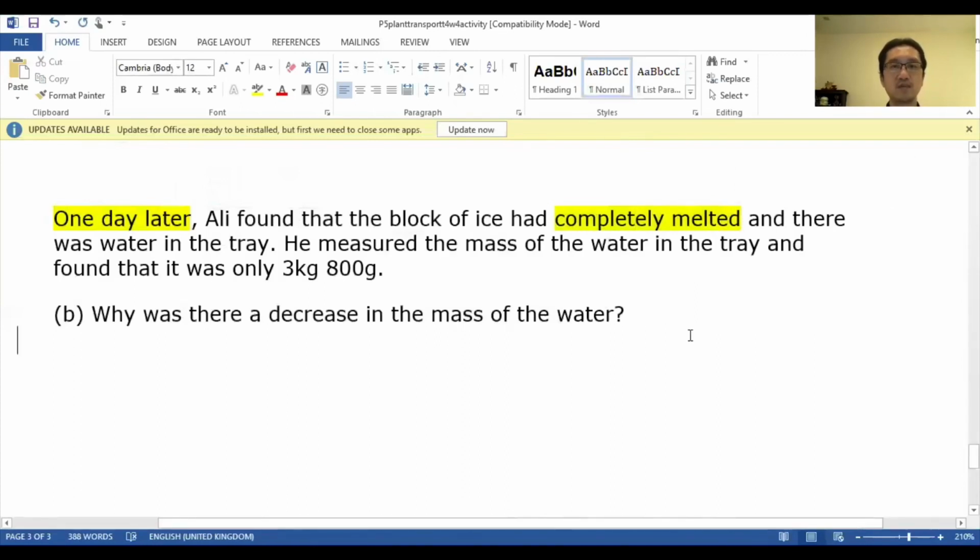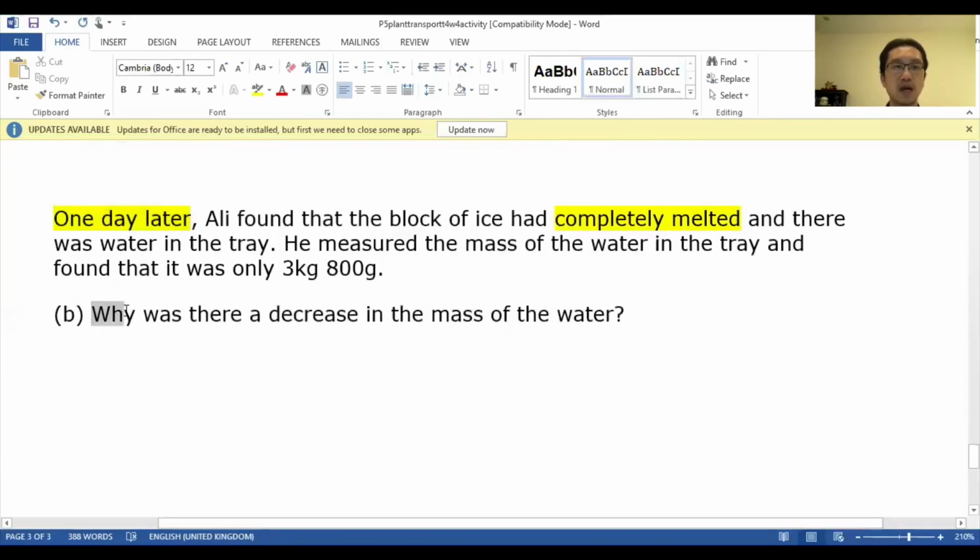He measured the mass of the water in the tray and found that it was only 3 kilograms and 800 grams. Compared to the original 4 kilograms, there was a loss of 200 grams of water. So why was there a decrease in the mass of water?